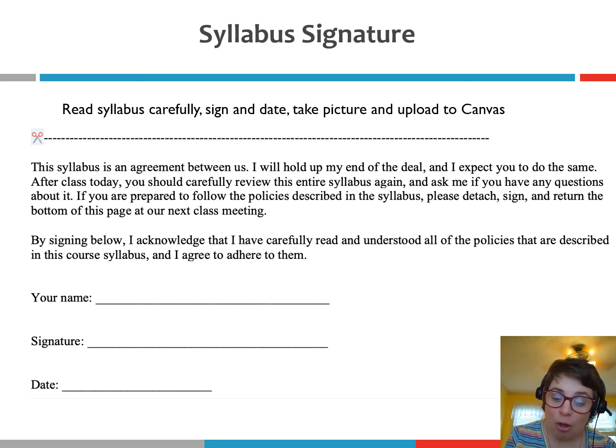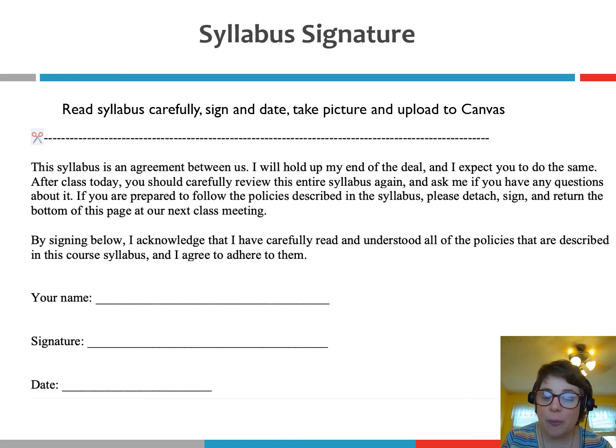So I have all the due dates there, and sort of important information like that. So go ahead and keep the syllabus in your back pocket, so that you can reference it. And when you feel confident that you have read the syllabus and that you understand it in its entirety, go ahead and sign the bottom of that syllabus sheet.